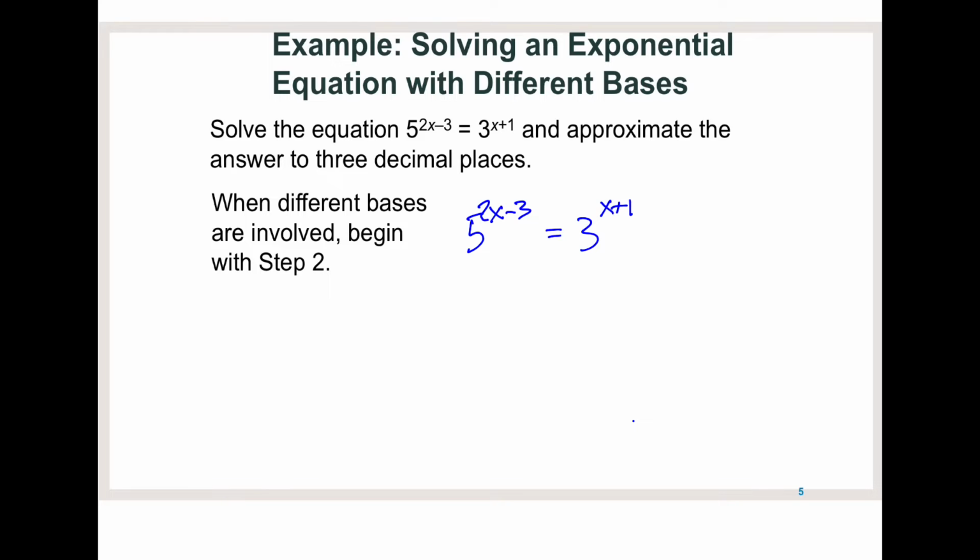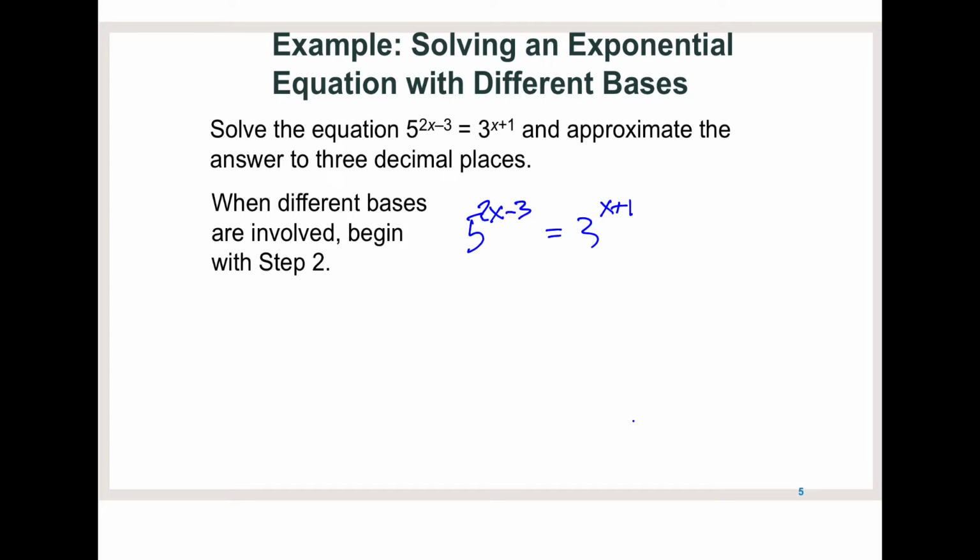So they're both isolated, which was our first step on the previous. But regardless, as long as we got one side isolated, whether there's just a number over here and this one is an exponential expression, we always want to get the exponential expression isolated on one side of the equation.